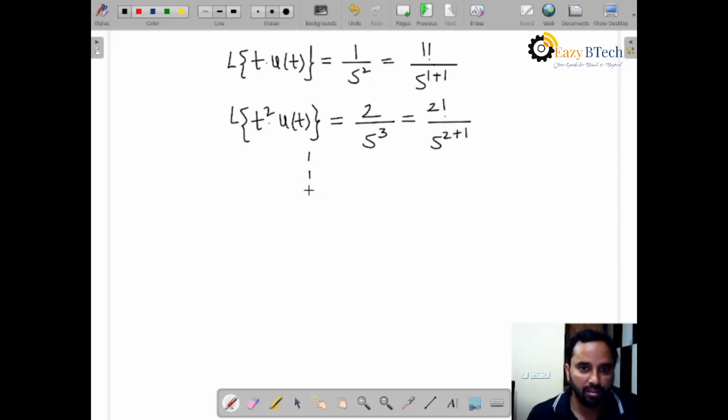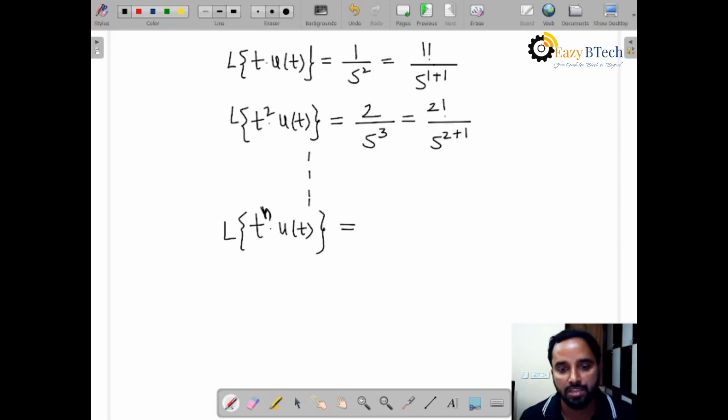So similarly, t power n u of t. So how to do Laplace transform of t power n u of t? Same here, n factorial by s power n plus 1.